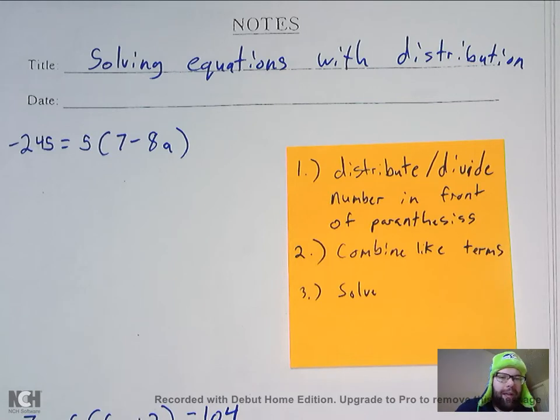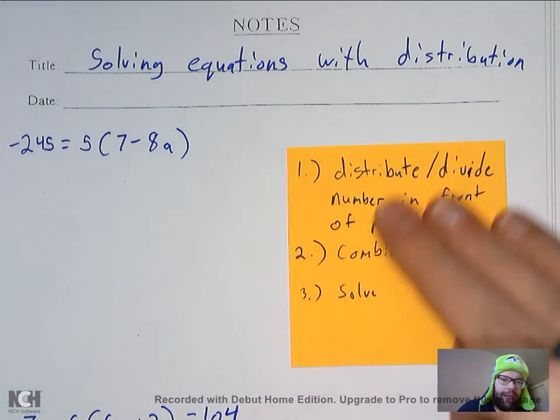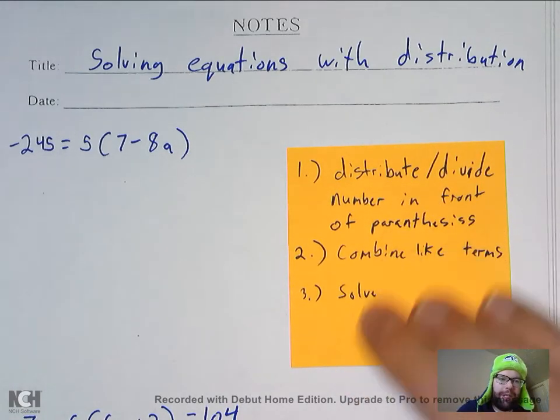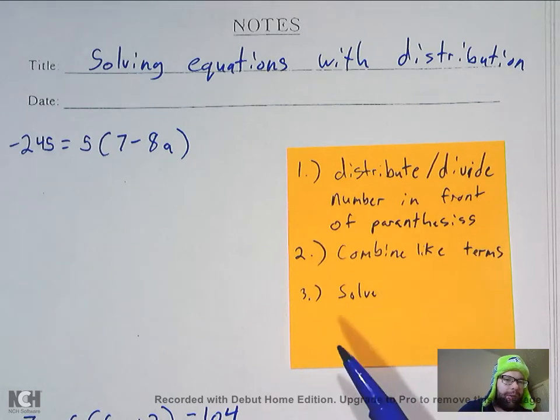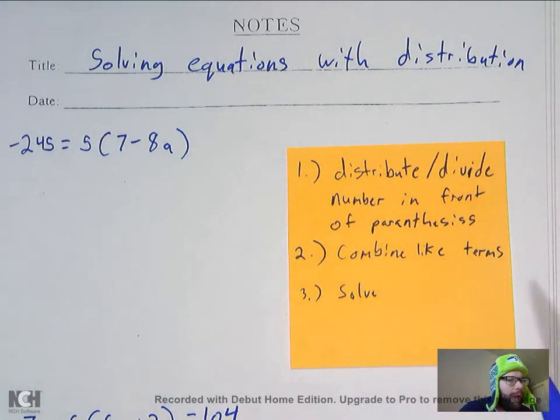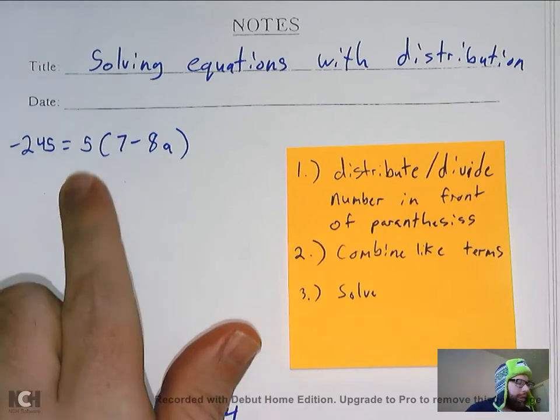So I've got a very basic step-by-step approach here. The first thing you're going to do with these types of problems is distribute and/or divide the number in front of the parentheses. The reason I put divide there is because it can actually make it a little bit easier if you divide that number first.